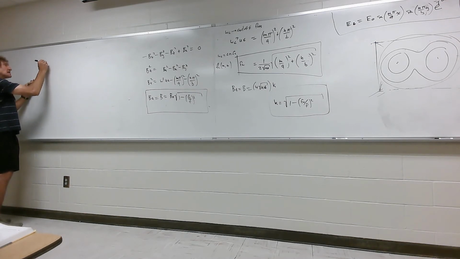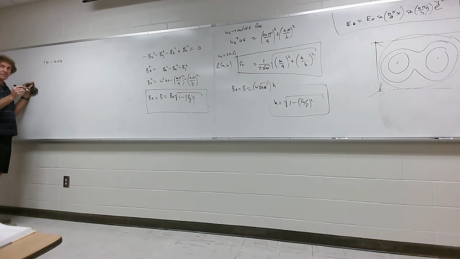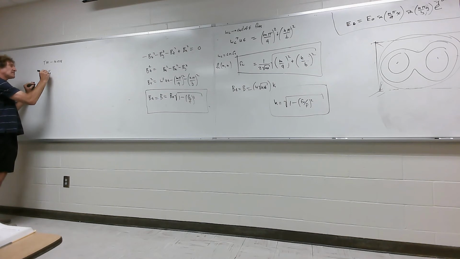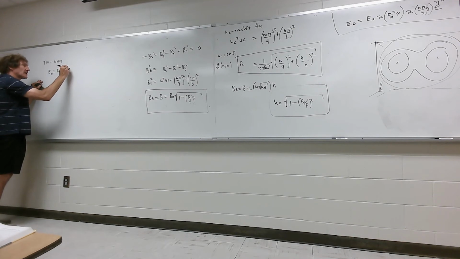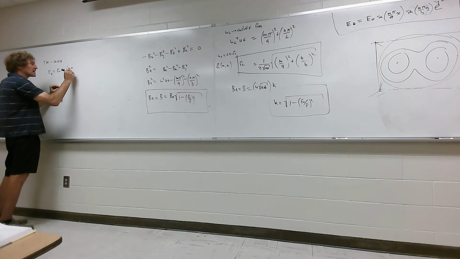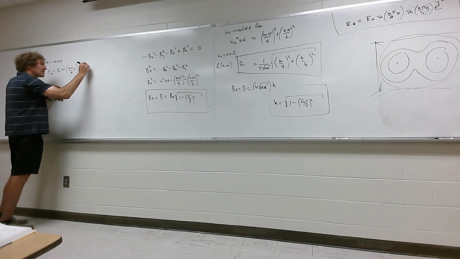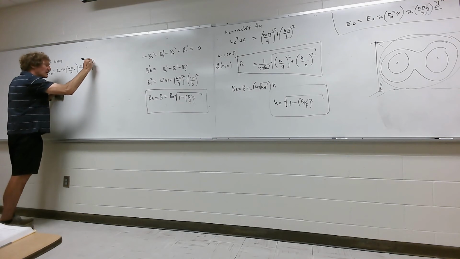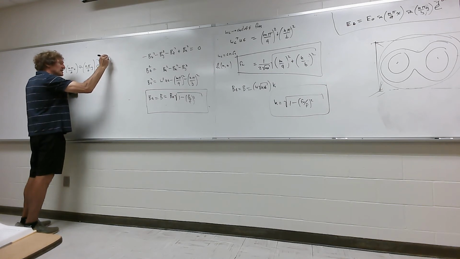Now, write this down. This is important. This is the TM mode. All right? So the TM mode, it's defined by the E field in the Z direction is equal to the sum of E naught times the sine of M pi over A times X, sine of N pi over B times Y, times e to the minus j beta z times z.